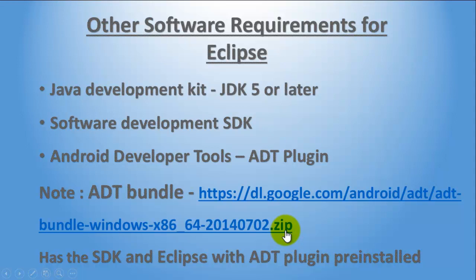After downloading, you just need to extract it and open the Eclipse IDE as such. You don't have to install any other thing. That is, you don't have to install the SDK or the Eclipse with ADT plugin.